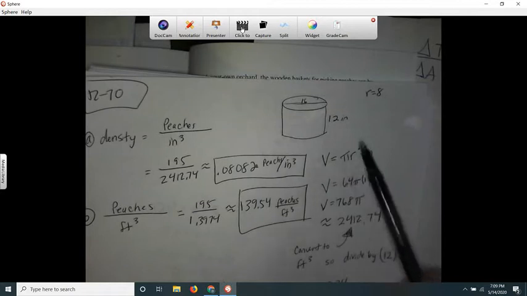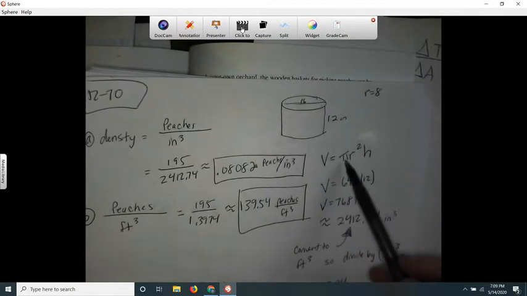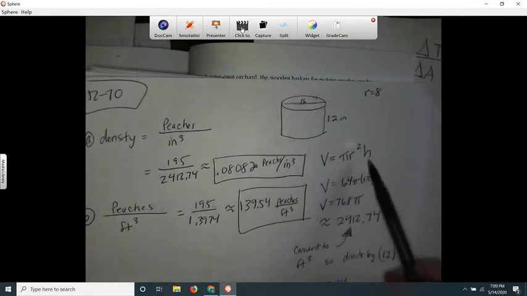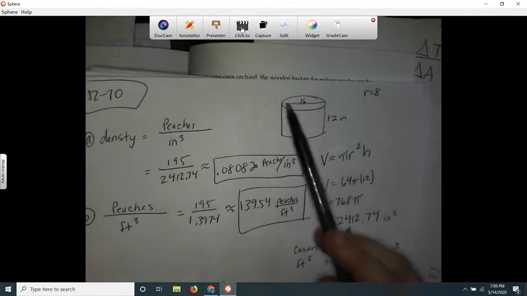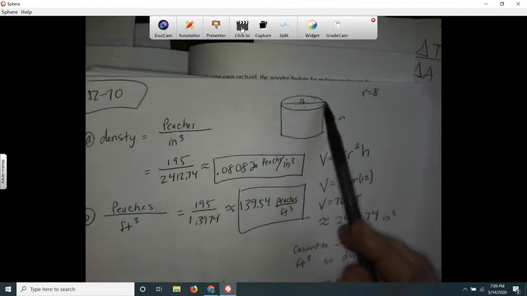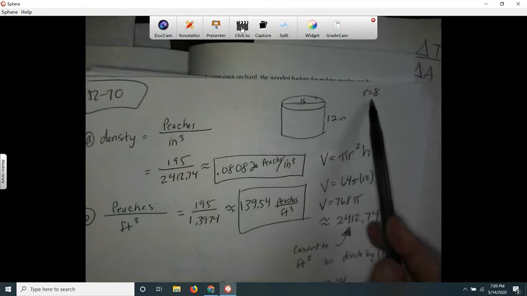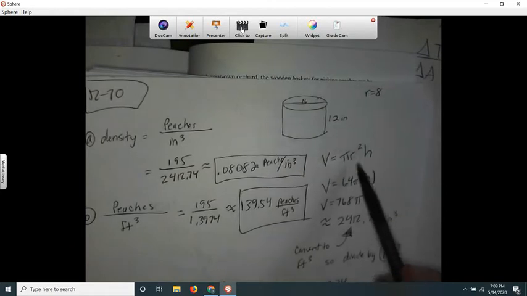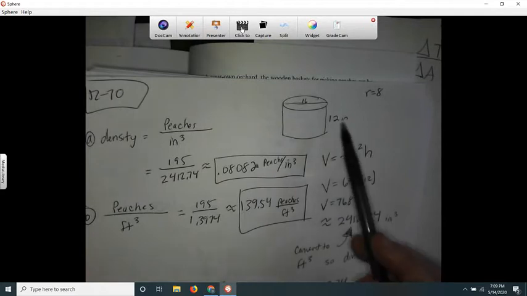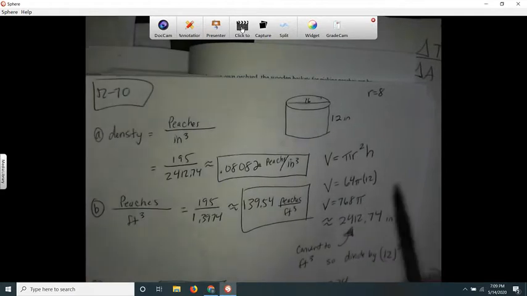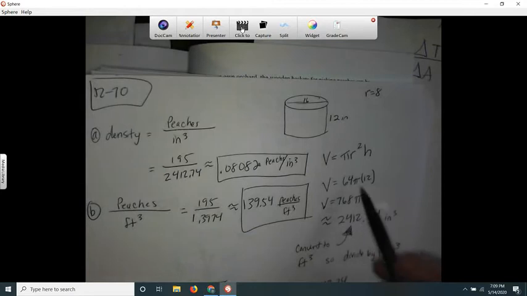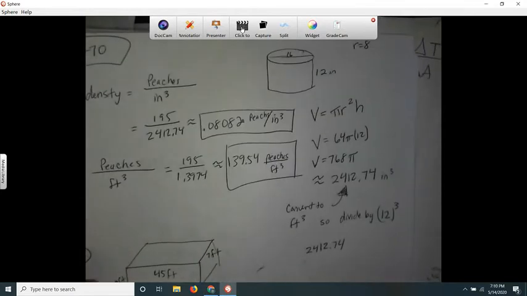The volume of a cylinder is pi r squared times h. They gave you a diameter, so the radius is 8. You square that, you get 64, and then the height is 12. Multiply those numbers together and you get 768 pi.